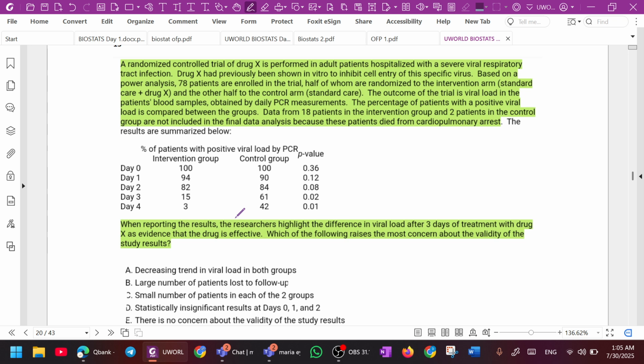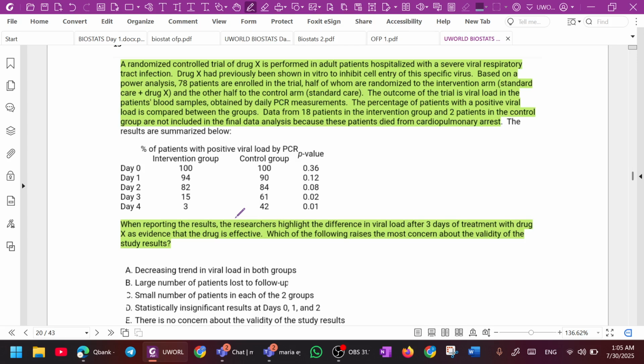A randomized controlled trial of drug X is performed in adult patients hospitalized with a severe viral respiratory tract infection. Drug X has previously been shown in vitro to inhibit cell entry of the specific virus.